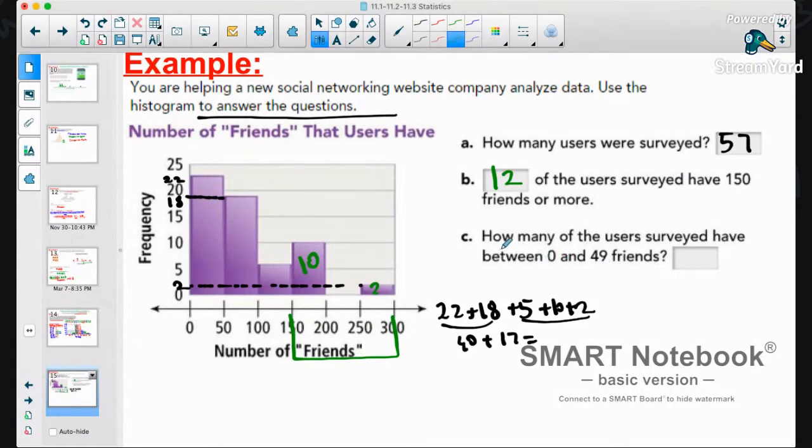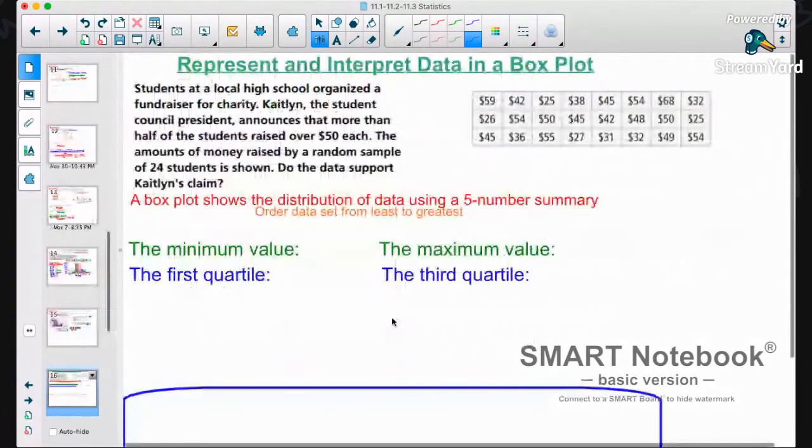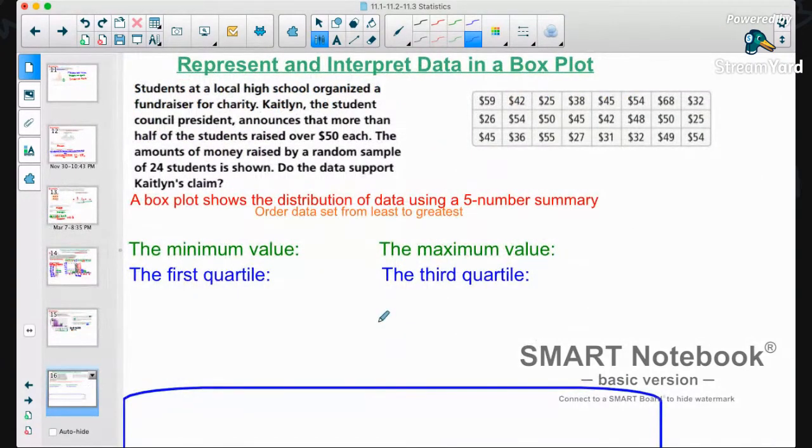The last part, how many of the users surveyed have between 0 and 49 friends? To be able to understand the answer of this question, you need to check the first bar. So in the first bar, there are 22 users surveyed who have between 0 and 49 friends. And this is the last part of the statistics.